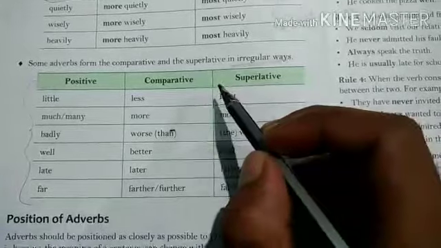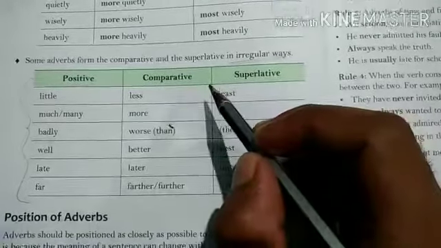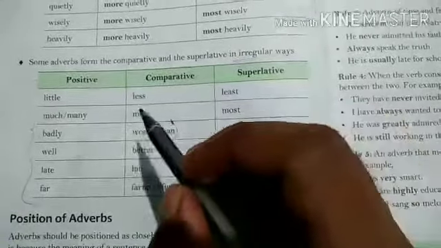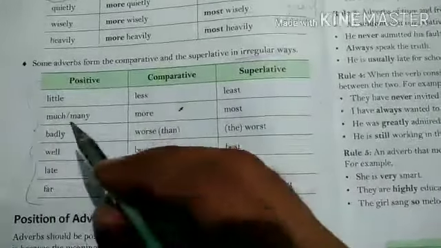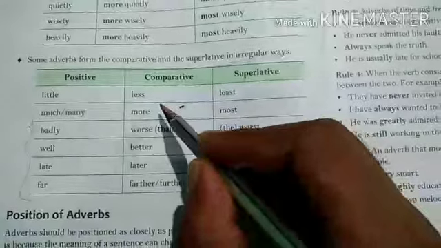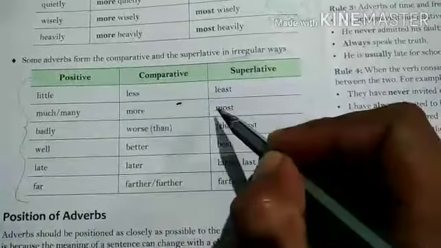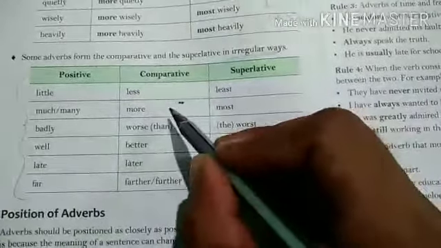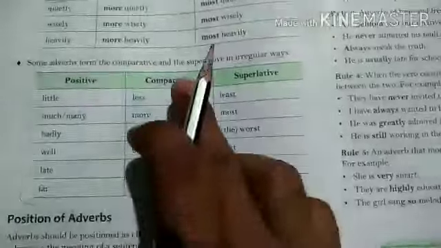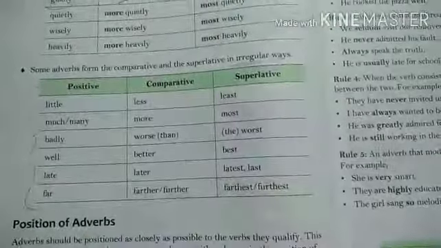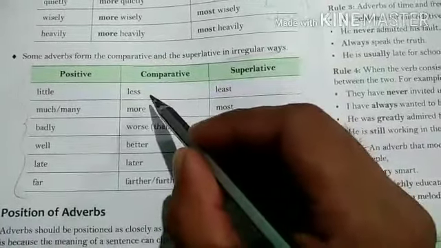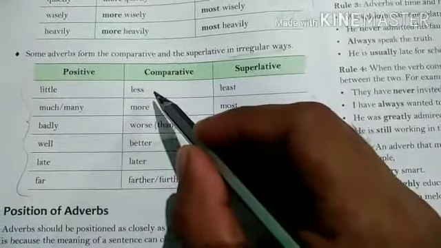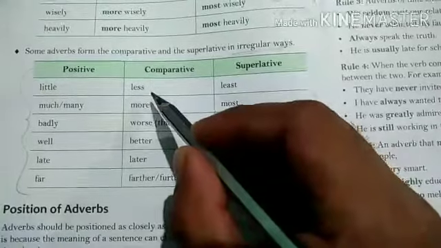Like I have explained in degrees of adjectives, when we change adjectives into comparative and superlative degrees, if they form new words in each degree, then that degree is called the irregular degree of adjectives.